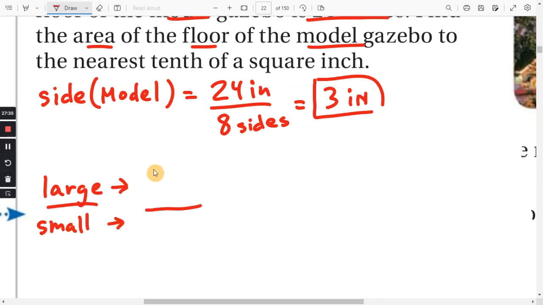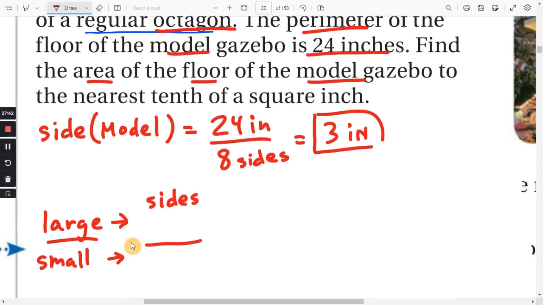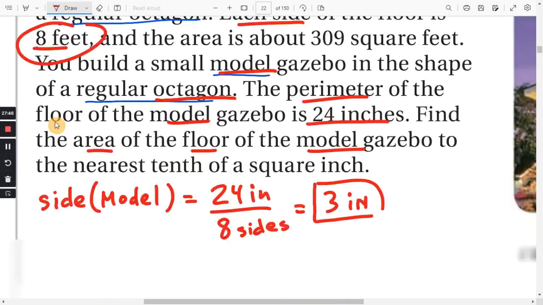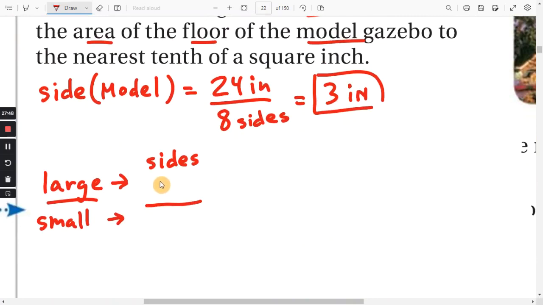Okay, so the ratio for the sides, the larger gazebo, the actual model, says each side is 8 feet. And the smaller one, we said each side was 3 inches.